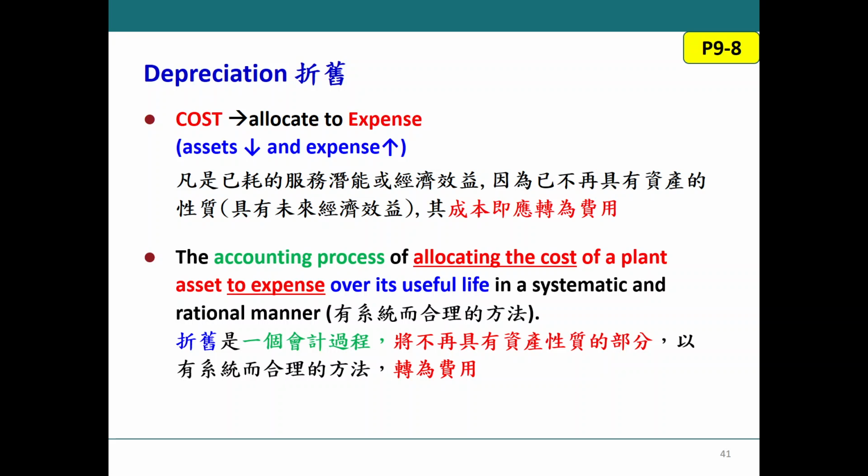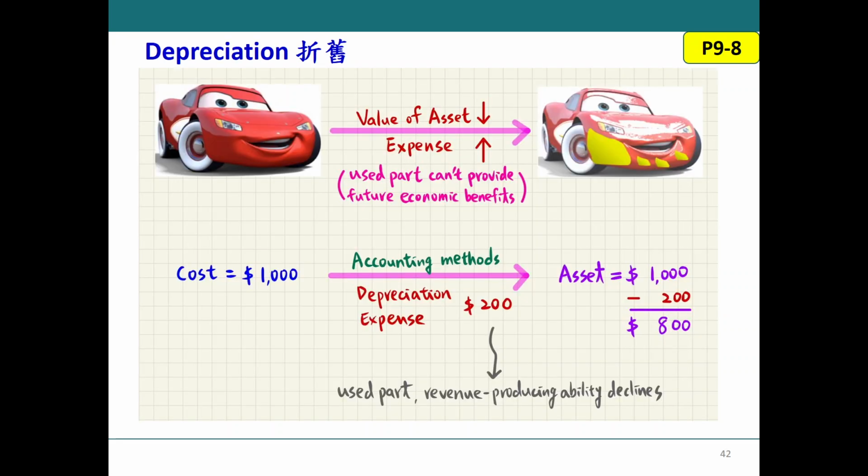So you should understand, in our case, when we tell you depreciation, the method is based on accounting method. It's not the market value, okay? So here I told you it is only an accounting process. It's not the real market value, okay?